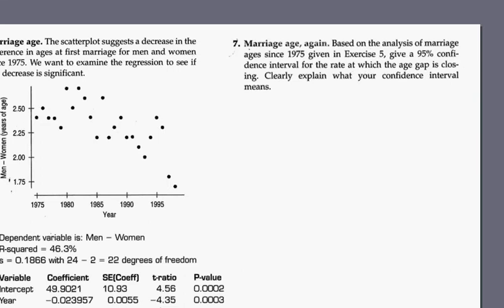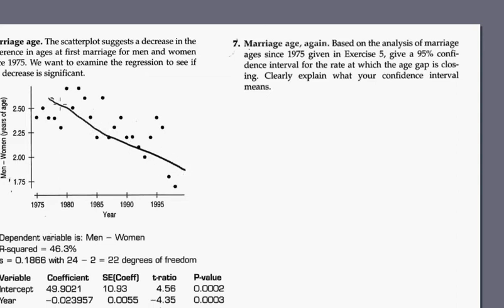So to put this in context, what we did was put a line through this data, and then we did a hypothesis test and said that there's significant evidence that the difference in ages between men and women at first marriage is decreasing.